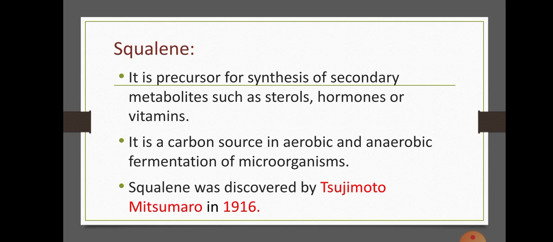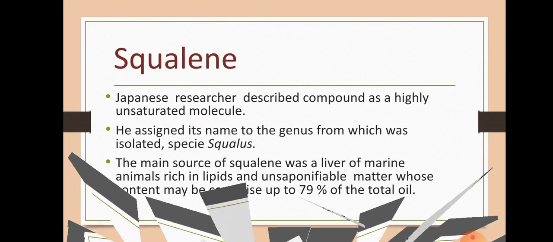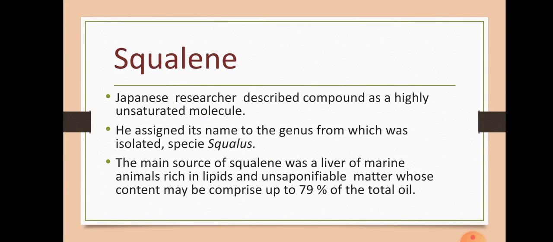Squalene was first discovered by Sugimoto Mitsumaru in 1916. He is a Japanese researcher who described this compound as a highly unsaturated molecule. He assigned its name after Squalus, which is the genus of the sharks.